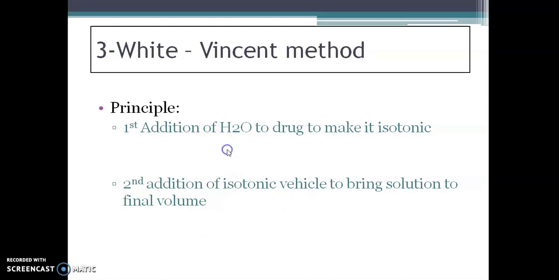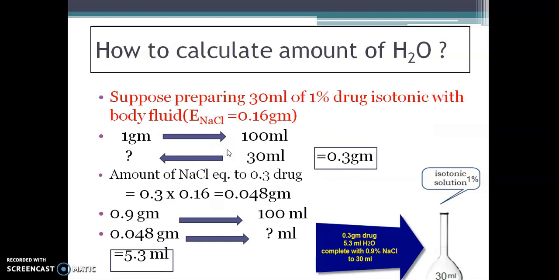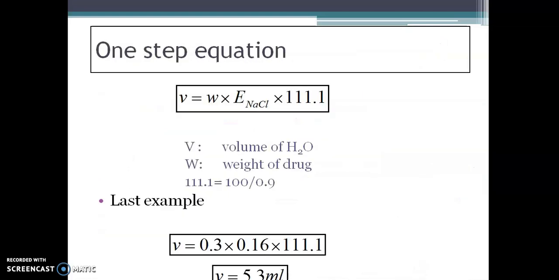Next is the numerical related to the White-Vincent method. The formula which is used to adjust the isotonicity is V equals W into sodium chloride equivalent multiplied by 111.1.